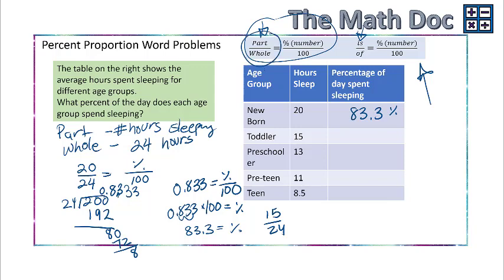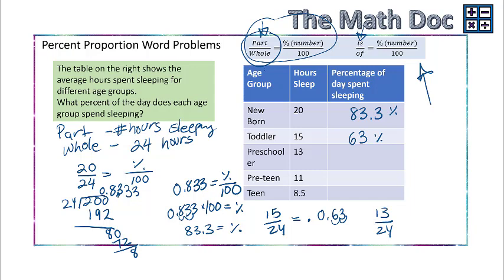Okay. For the toddler, now we have 15 divided by 24 is our new ratio of part to whole, right, of this part of it. And if we do 15 divided by 24, I won't go through this too slowly, but this will be equal to 0.63. And so in terms of our percentage, again, we just have to move two decimal places over to the right, and we have 63%. For our preschoolers, our ratio is 13 to 24, right?